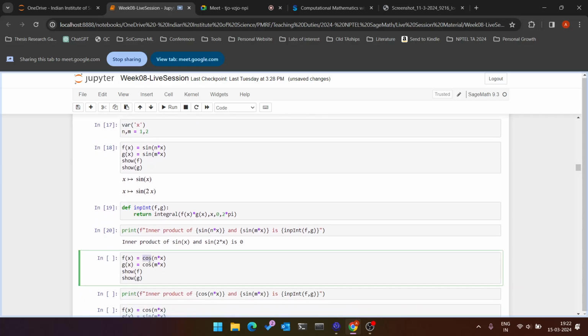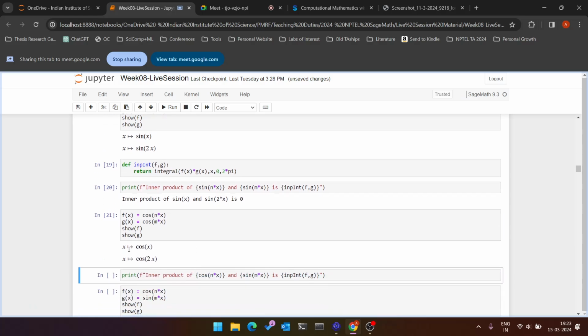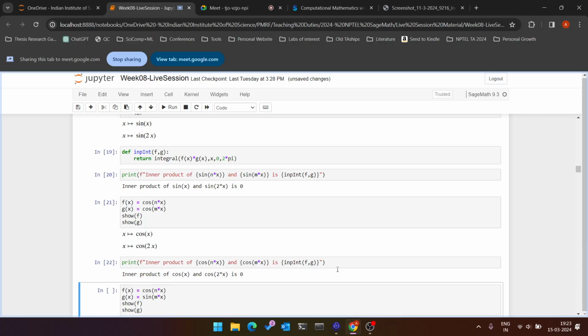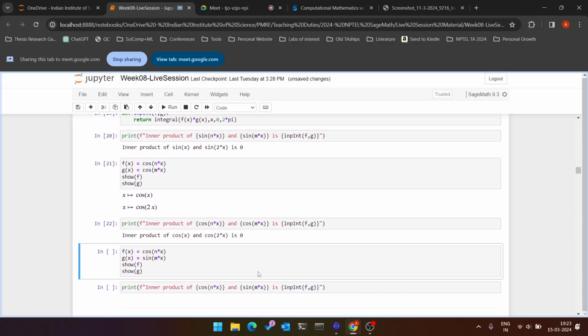If I do the same thing for cos of nx and cos of mx, now f of x and g of x are defined to be cos x and cos 2x, which is what the maps should show, and that is indeed correct. Then I now calculate the inner product again, and the inner product between cos of x and cos of 2x is indeed 0.